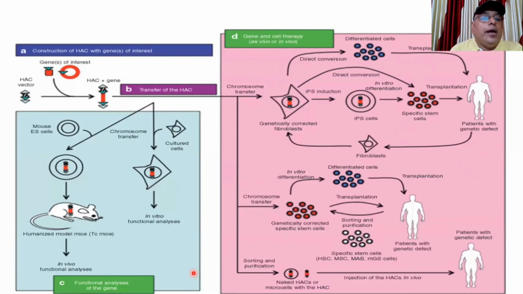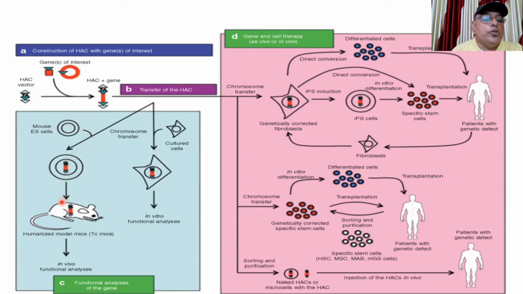And ultimately, how can we use this artificial chromosome technology in delivering the desired stretch of DNA, and how can that desired stretch of DNA express? So here you have a human artificial chromosome with the desired gene. We have introduced it into mouse embryonic stem cells.